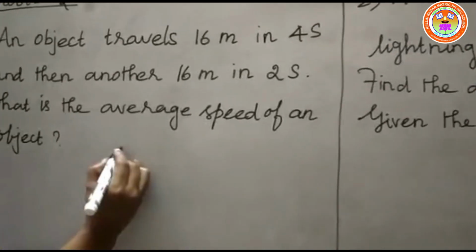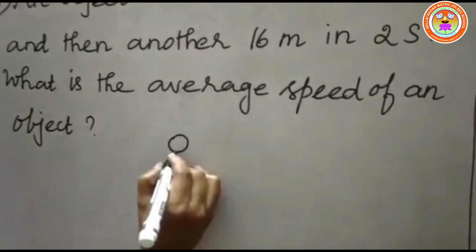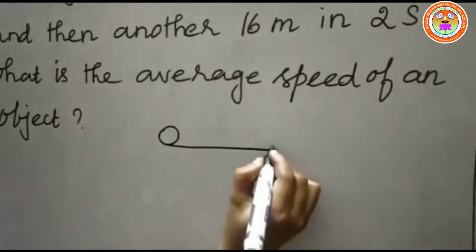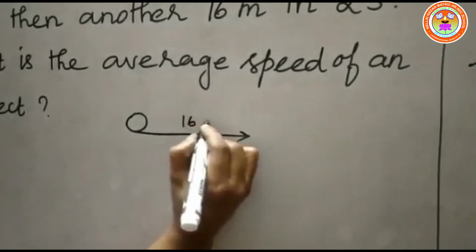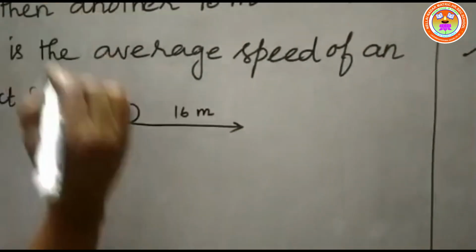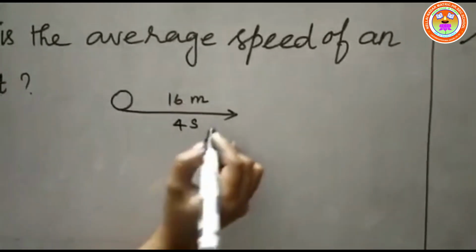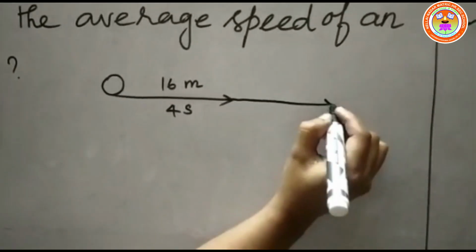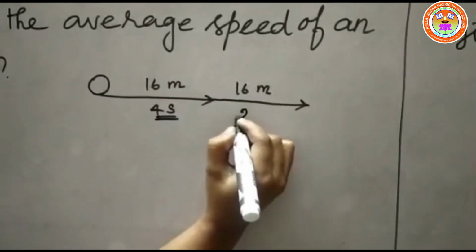Let us consider the object. It travels and covers a particular distance, isn't it? It covers the distance of 16 meters, and the time taken is 4 seconds. And again the same object covers the same distance, 16 meters, but the time is not the same, isn't it?